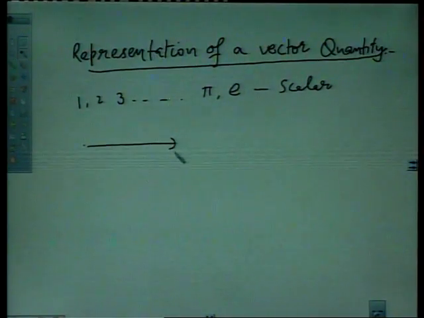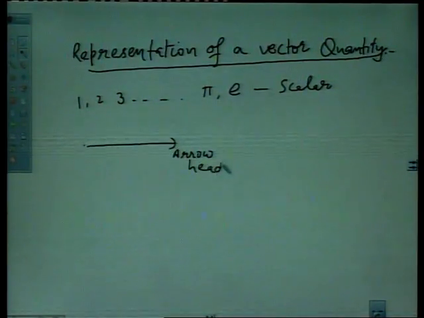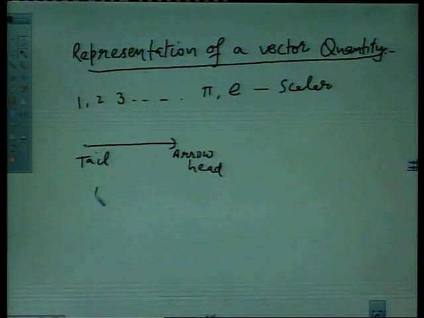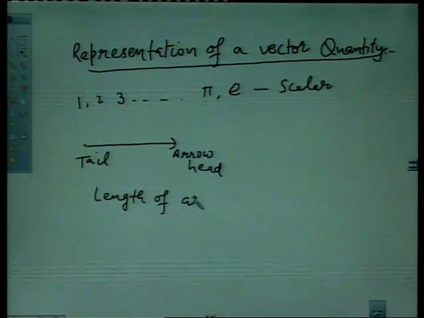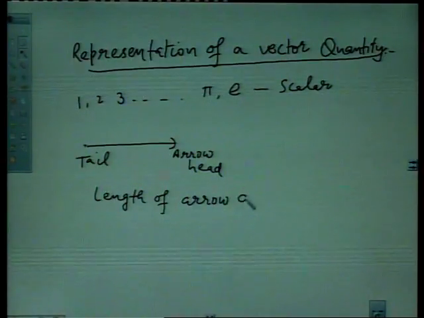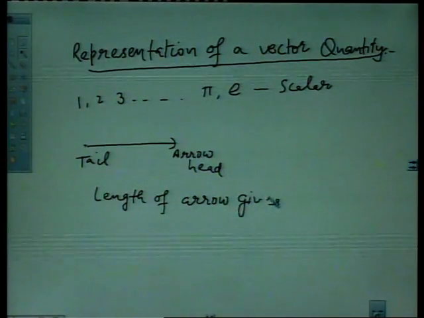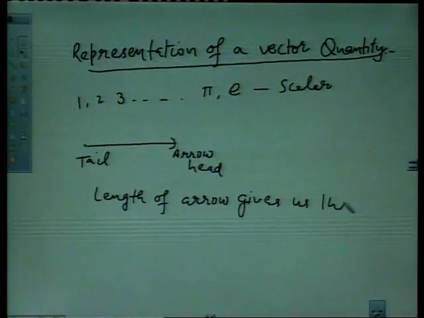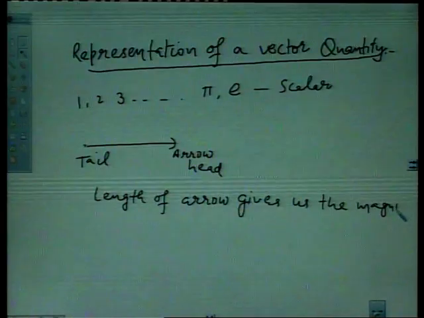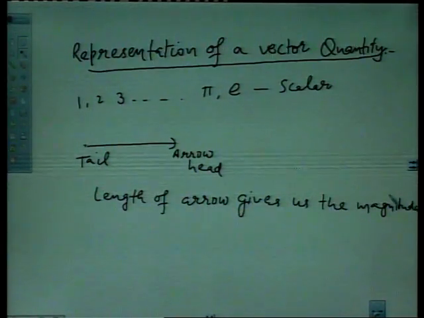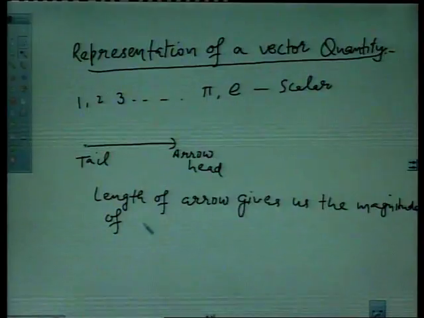This is the arrowhead and this is the tail of the arrow. So the length of this arrow gives us the magnitude of vector quantity.